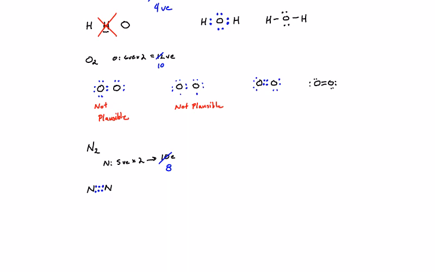That's a total of 6 electrons, which means that we have 4 remaining that we have to find spots for. Each nitrogen only sees 6, so they can accept another 2. And that's our Lewis structure. We can tidy that up a bit, and that's what it looks like.